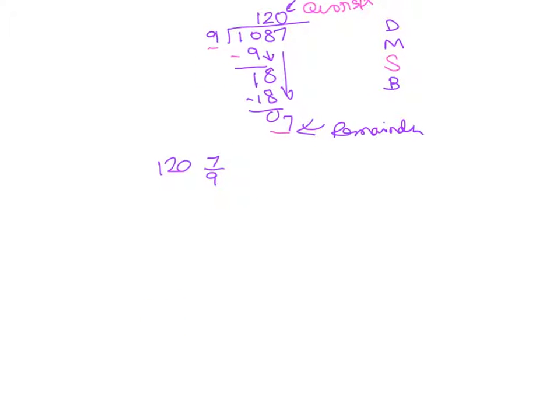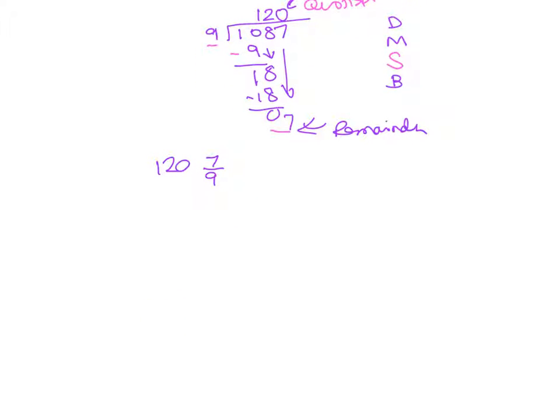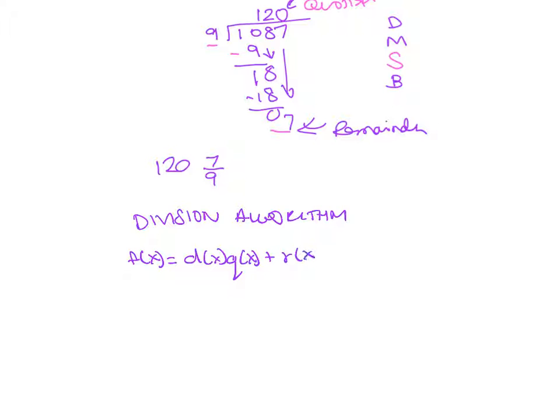When we're doing long division, our division algorithm is this. So we have f of x. We can write it as d of x times q of x plus r of x.